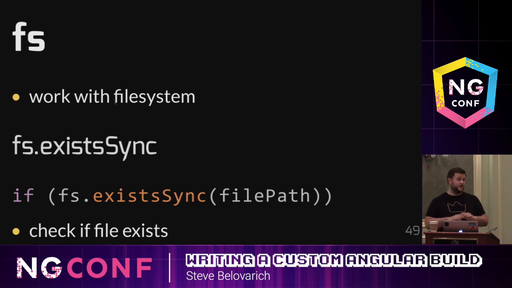There are a lot of awesome methods on fs, like reading files and writing files. We're not going to use them today. We're going to use this one, fs.existsSync. What this does is allow you to figure out if a file exists somewhere. You pass a path to existsSync, and it will return truthy or falsy depending on whether it exists.